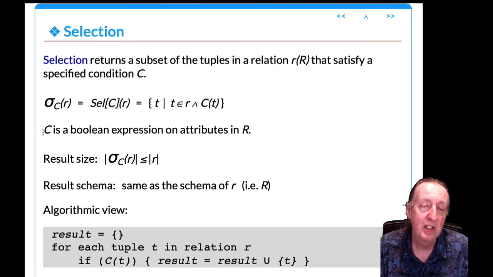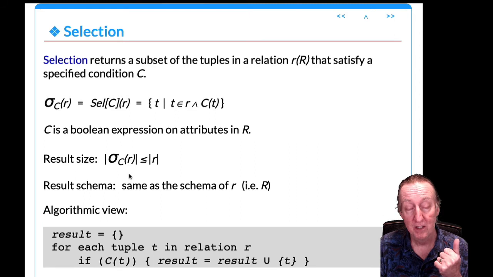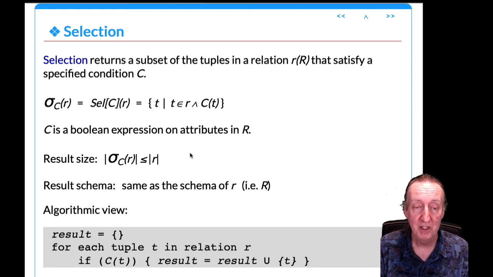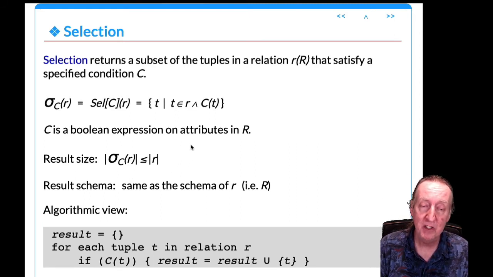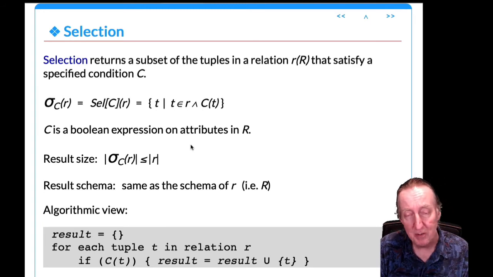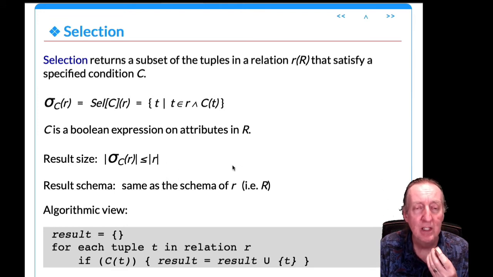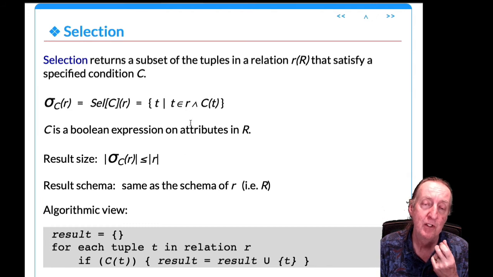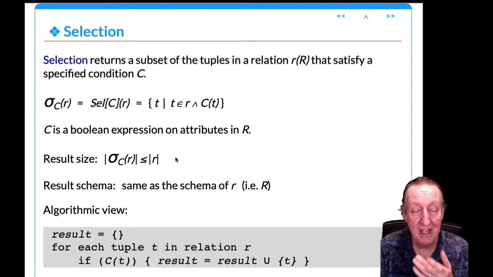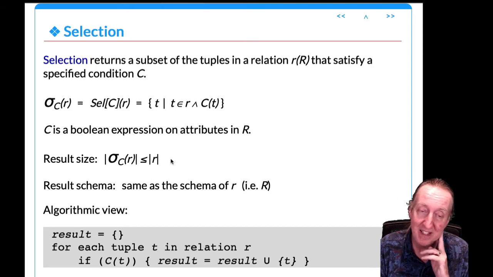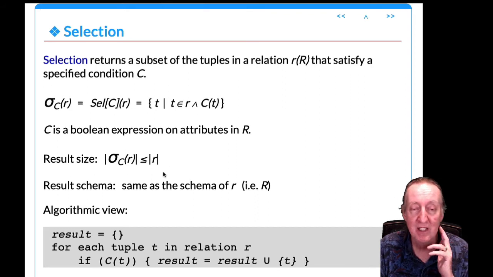And of course C is a test or a Boolean expression, and tuples have to satisfy that. Now, two things we know about this. The schema of the result is going to be exactly the same because we've simply filtered out rows from a table. On the other hand, the result size may be different if the effect of doing selections is to reduce the number of tuples, and pretty often that is the result of a select.